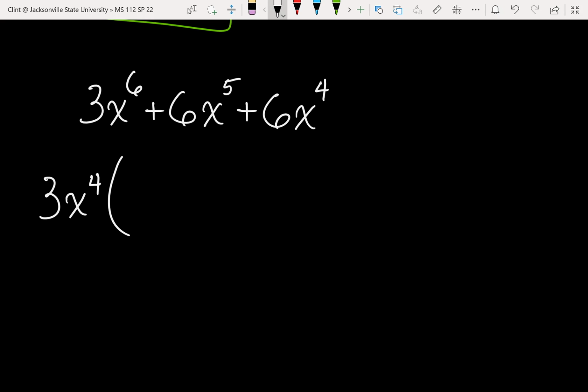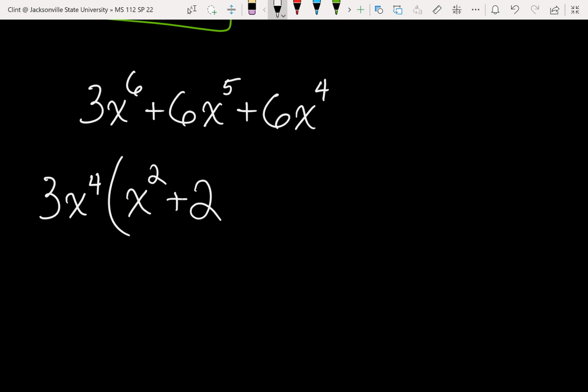X to the 4th times what will give us the 3 part, but we need x squared. Yeah, or you can write a 1 if you want to. You don't have to write the 1. And we've got 3x to the 4th. We're trying to get to 6x to the 5th. So to get to the 6, we've got to multiply by 2.